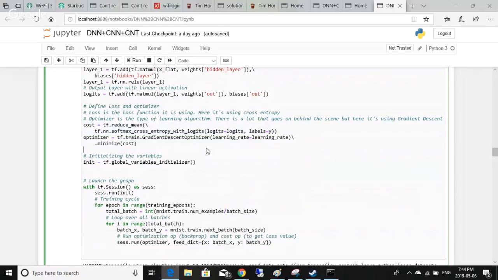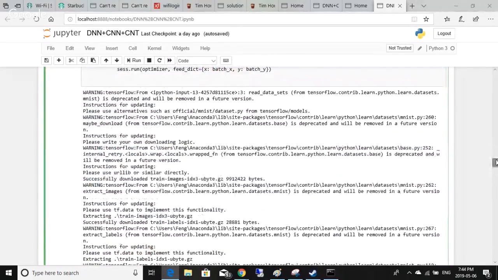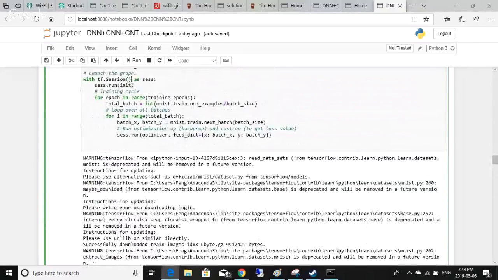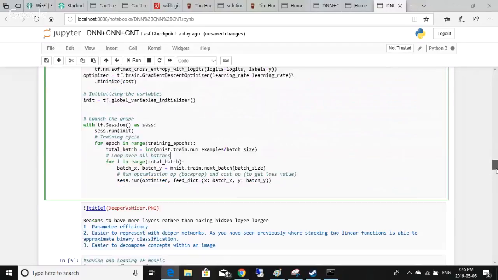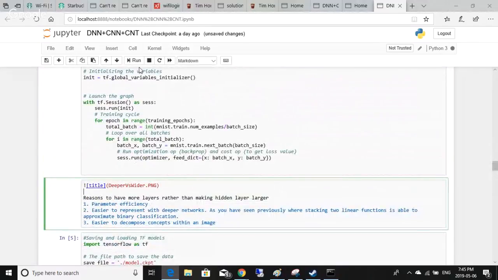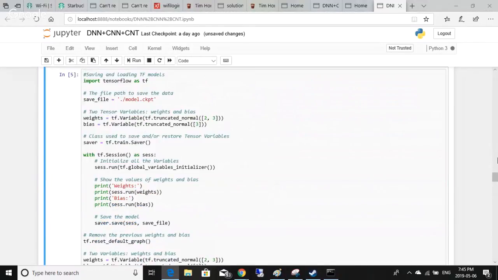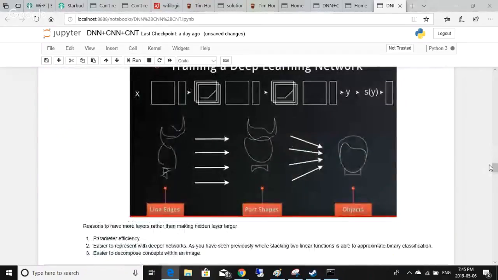It's named kind of weird for minimizing cost. So let's just initialize the function for the session. It doesn't really show how accurate it is or anything. Let's run it for now. Well, that is going well.